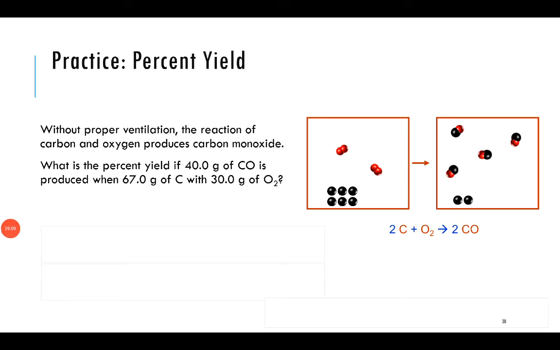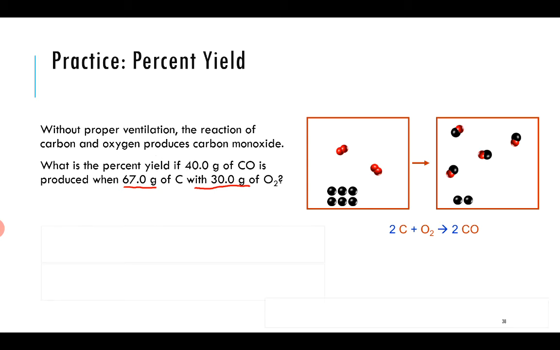Okay, let's do this practice problem. It reads, without proper ventilation, the reaction of carbon and oxygen produces carbon monoxide. What is the percent yield if 40 grams of carbon monoxide is produced when 67 grams of carbon reacts with 30 grams of O2?